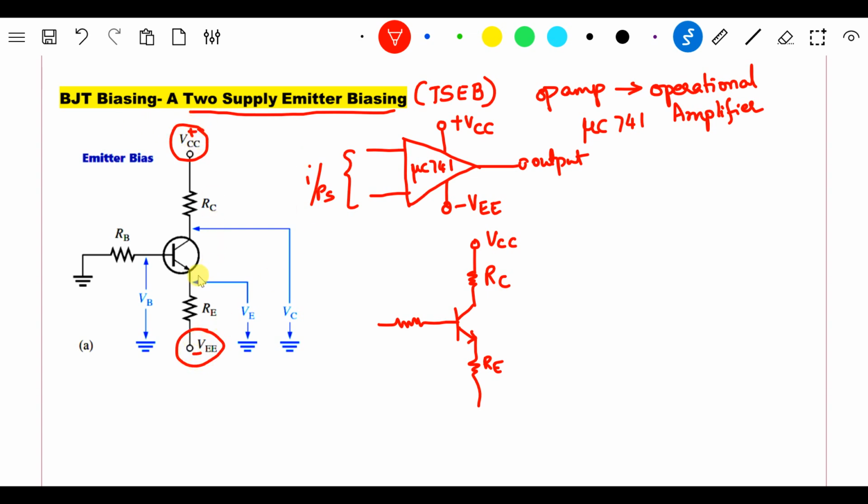If I elaborate this diagram, I will replace this with a proper battery, the VEE power supply, and this is the base which is connected to ground like this. Instead of writing VCC like this, I can also create a loop for VCC here.